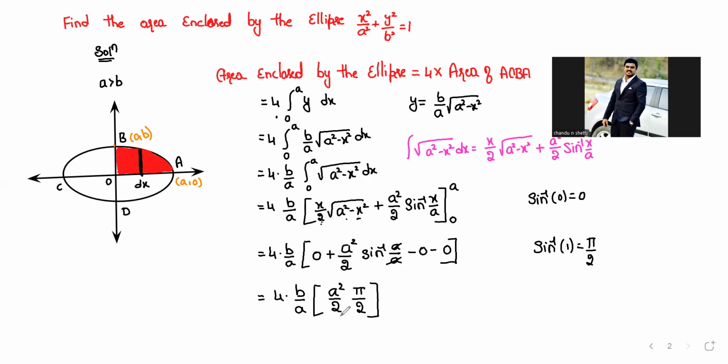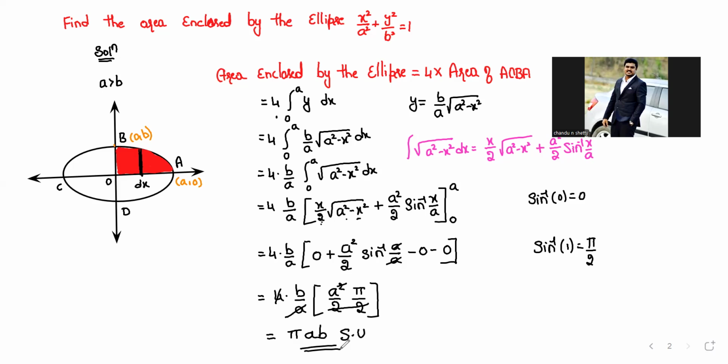Now 2 into 2 is 4; this 4 and this 4 cancel, and a and a square cancel. So remaining is pi a b square units. This is the answer for this problem. My dear students, this is a very important question, so please learn it properly.